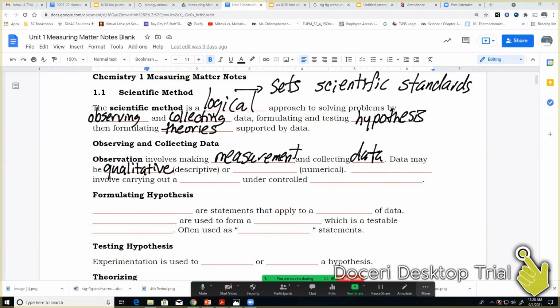So that would be something like saying sulfur is yellow or sulfur stinks. And quantitative, which is numerical data.